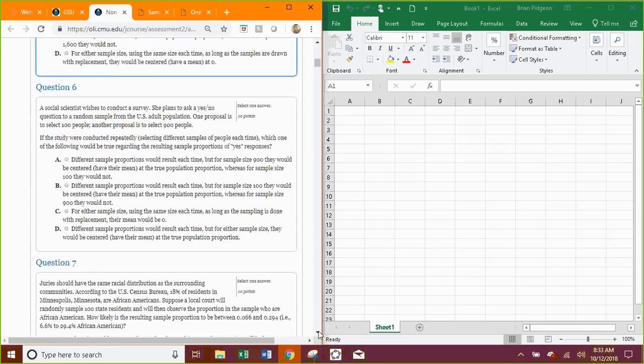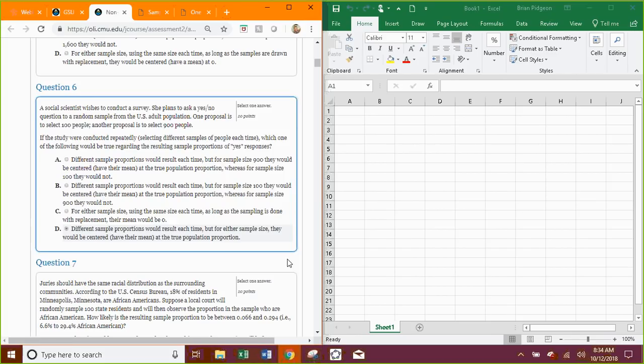Same exact question. We have a group of 100 and a group of 900 people. We're talking about proportions here, so with a sample size so big, we're basically guaranteed that n times p and n times 1 minus p are going to be at least 10. So different proportions would result each time, but for sample size 900, no. I would say D again.